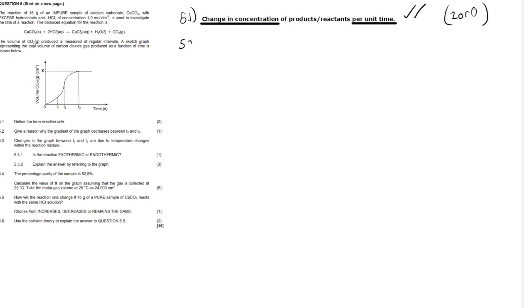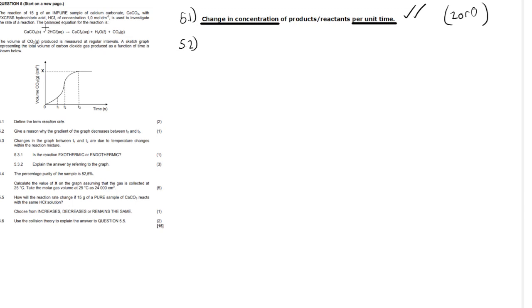Okay. So 5.2, give a reason why the gradient of this graph. Oh, hold on. Let's just first understand what the question is asking. A reaction of 15 grams of impure sample of calcium carbonate, CaCO3, with excess hydrochloric acid. That's a base and an acid. Of concentration 1 mole per cubic decimeter is used to investigate the rate of reaction.